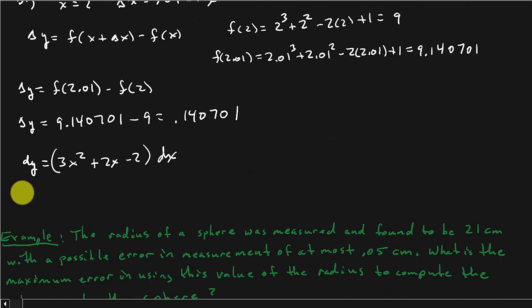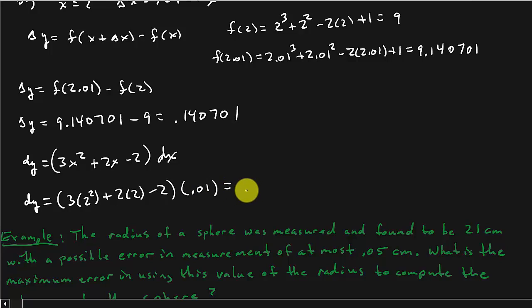So we get dy is equal to 3 times 2 squared plus 2 times 2 minus 2, and then dx in this case is 0.01, and when we punch that into our calculator we actually get 0.14. And so there's dy, there's delta y.